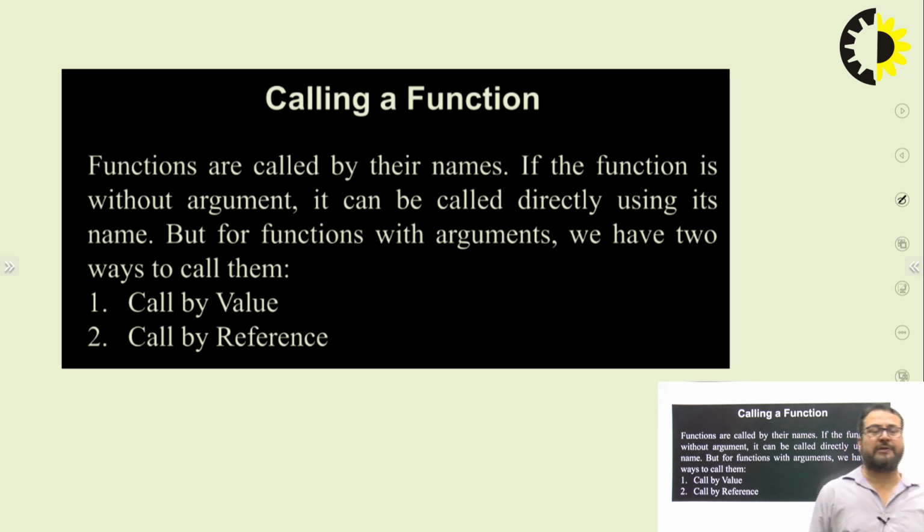In call by value, we simply pass the value, I mean even the name of the variable, and in call by reference, we pass the address of the variable. A variable could be accessed either by the name of the variable or even by using the address, indirectly.